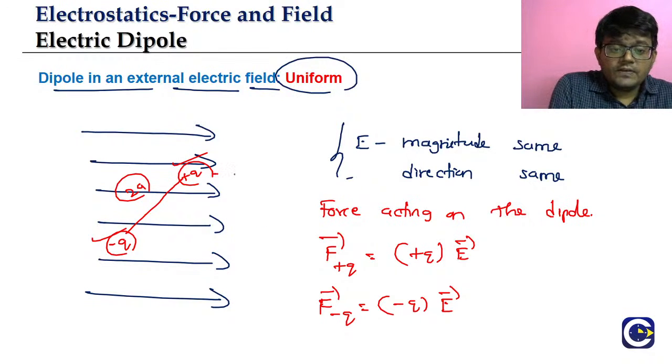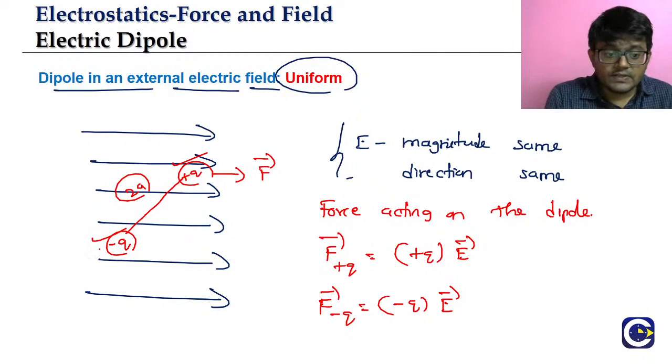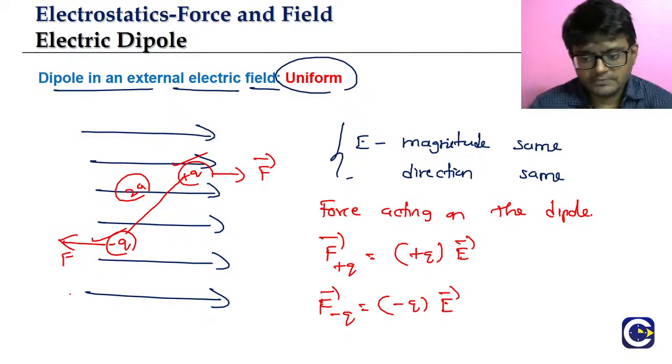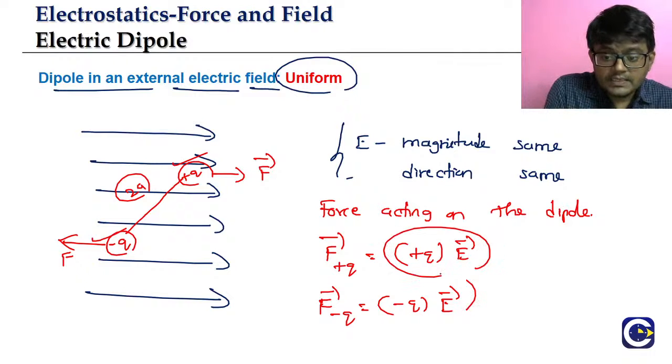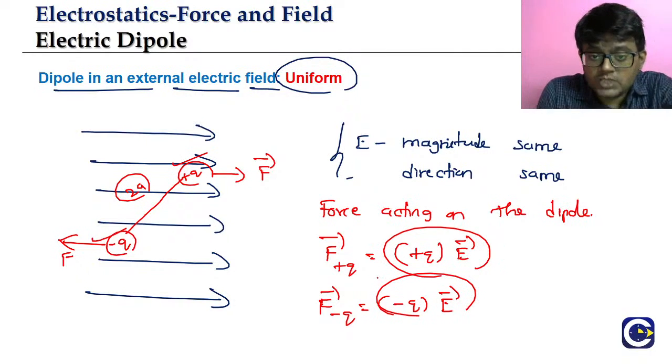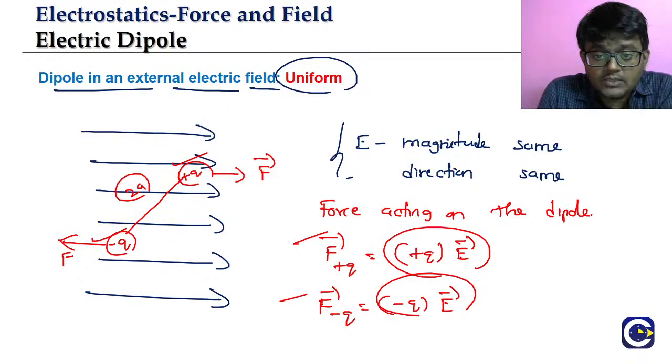Positive charge will experience force in the direction of the electric field. Negative charge எப்படி? Will experience a force in the opposite direction. Okay, but magnitude wise பாருங்க, என்ன? Positive charge ஓட value is same as the negative charge value. So நீங்க இந்த vectors பார்த்தா என்ன வருது? Both the forces will be having equal magnitude but opposite direction.